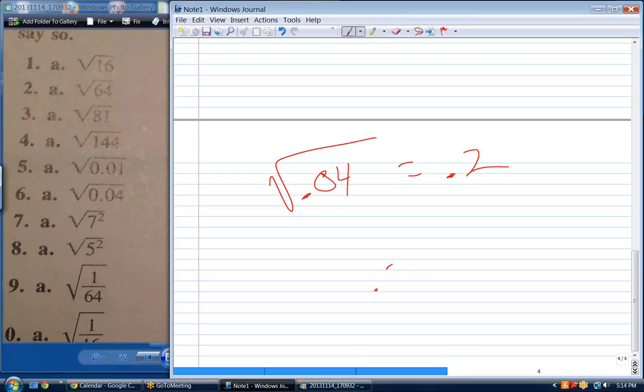In other words, if I multiply 0.2 times 0.2, I get 0.04. So the square root of 0.04 is 0.2. And the fact that they put the negative sign in front of it merely means that it's negative 0.2. We take the square root of this, and then we bring along the negative sign because it's attached. But it isn't affected by the square root.